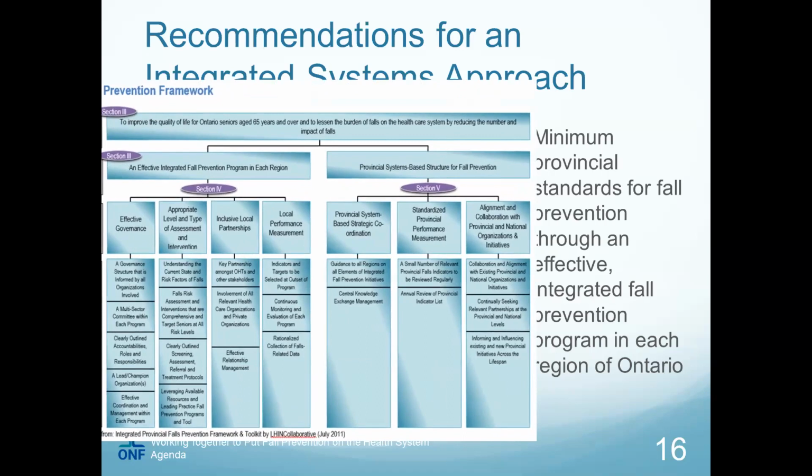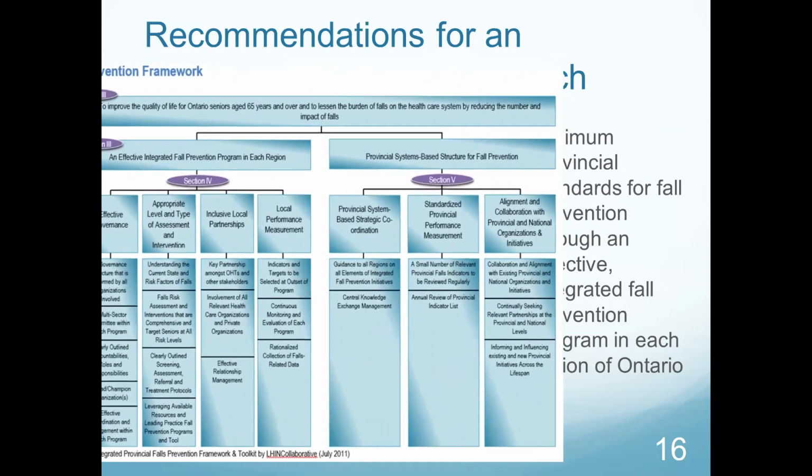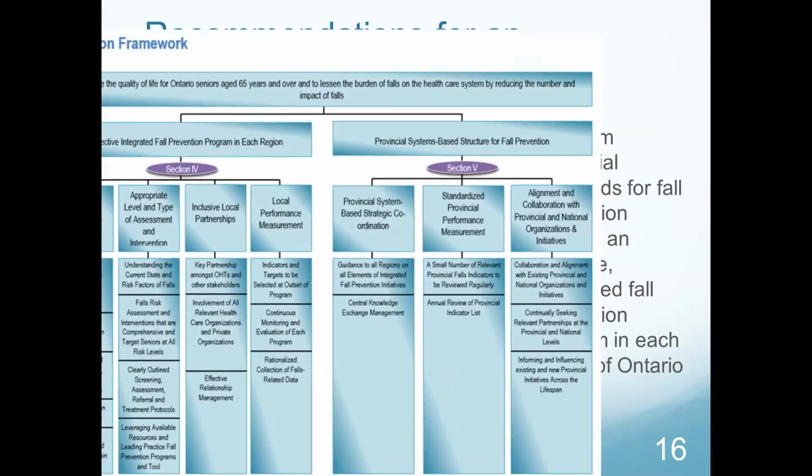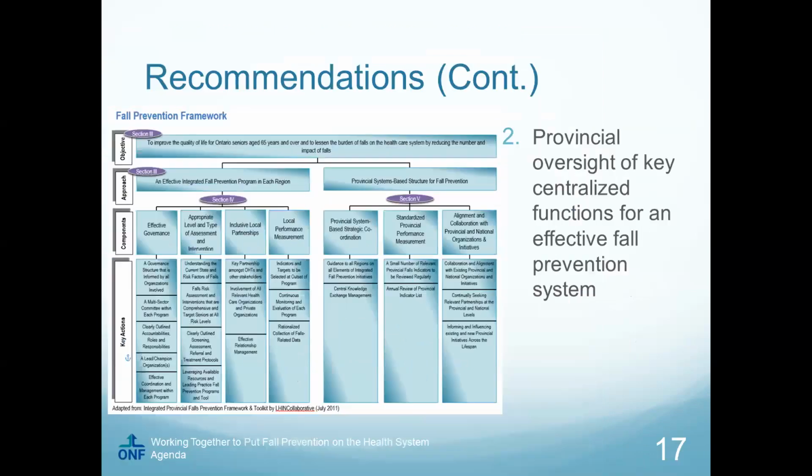The next, and you can see in this particular slide, we're highlighting the provincial systems-based approach on that right-hand side. The second recommendation is provincial oversight of key centralized functions for an effective fall prevention system.